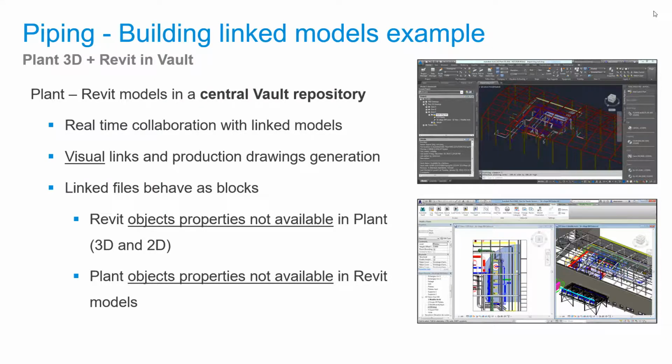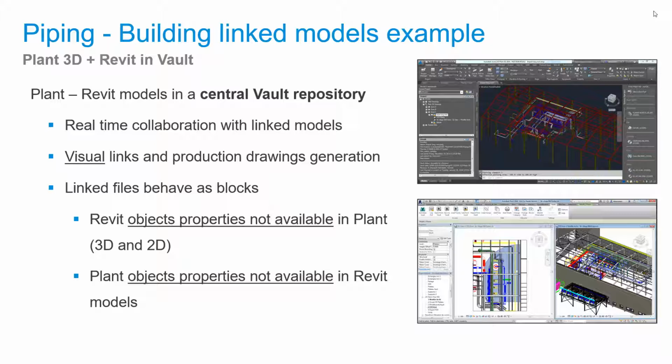To illustrate this integration, we imagined three small workflows. One is about a piping and building linked models example. So Plant 3D piping models plus Revit models managed in a central Vault repository. This is about real-time collaboration with linked models.